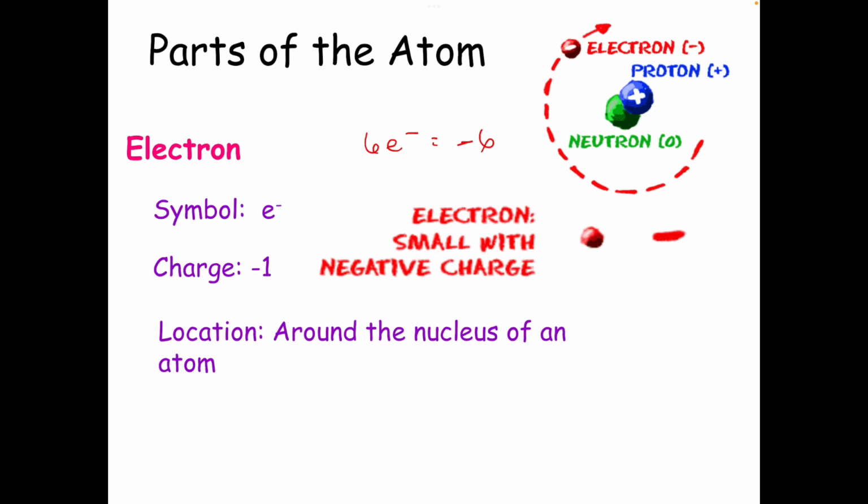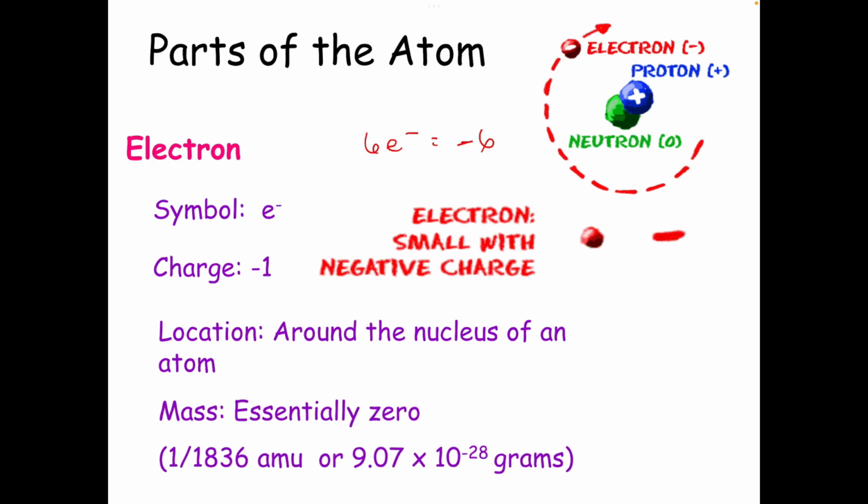We're going to speak much more specifically later, but for right now, they are outside the nucleus. According to the Regents, the mass of an electron is essentially 0. But the true mass is 1 over 1836 of an AMU, or 9.07 times 10 to the minus 28th of a gram. Super duper small electrons.